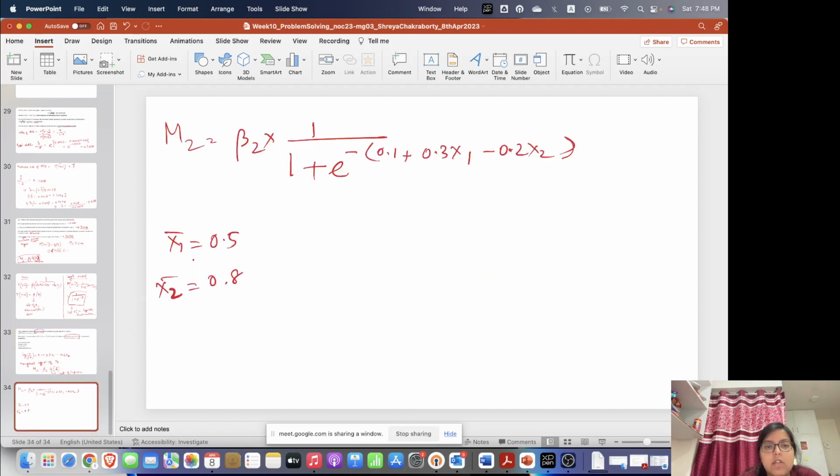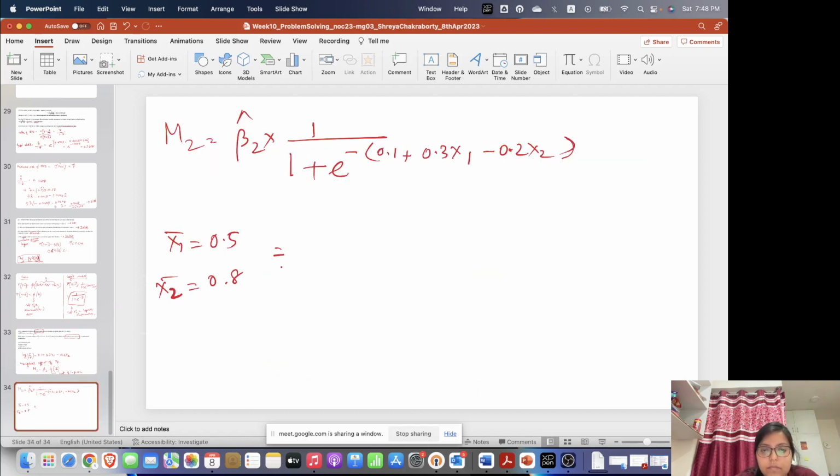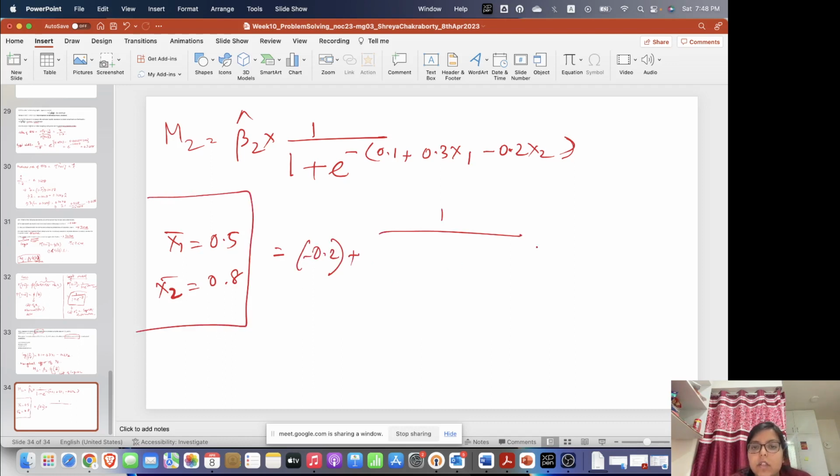So the marginal effect would be beta 2 hat, which is minus 0.2, into 1 by 1 plus e to the power minus of 0.1 plus 0.3 into 0.5 minus 0.2 into 0.8.